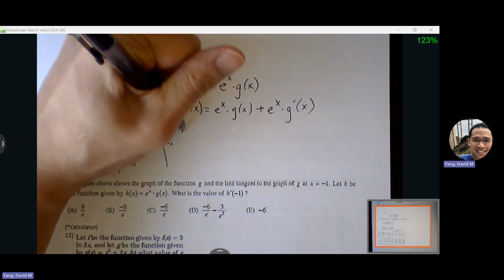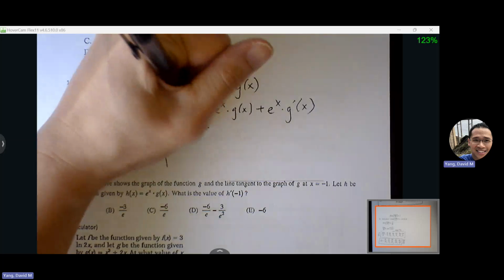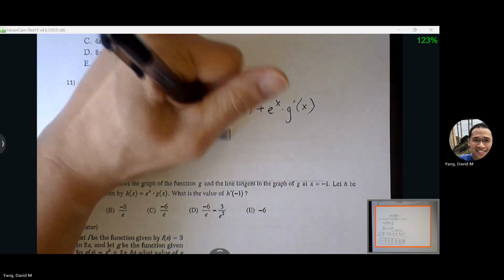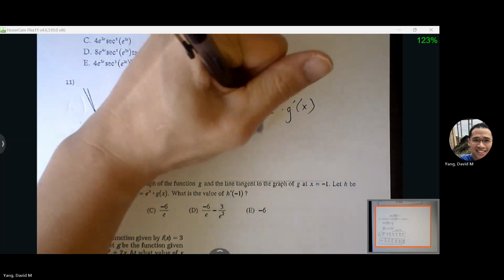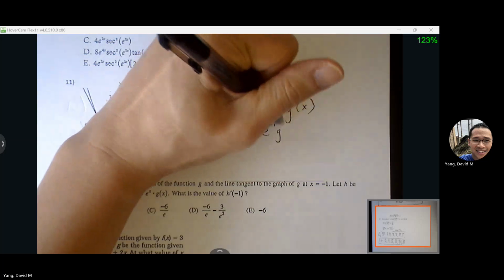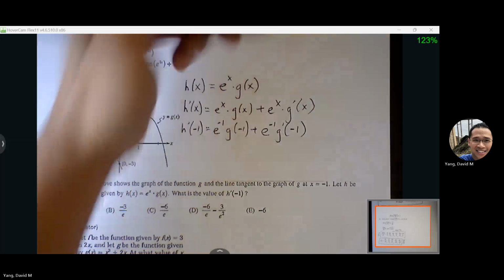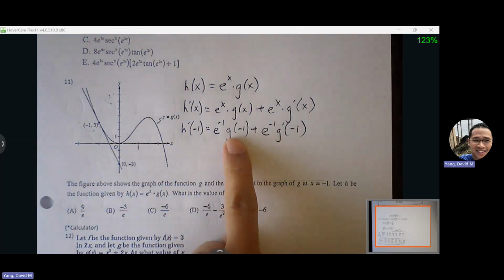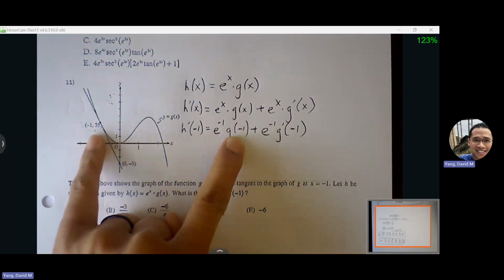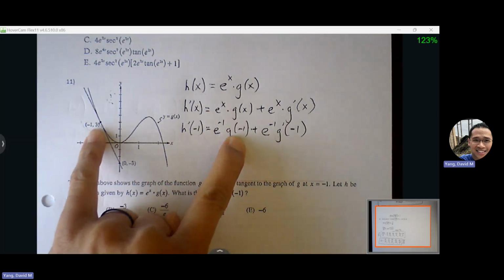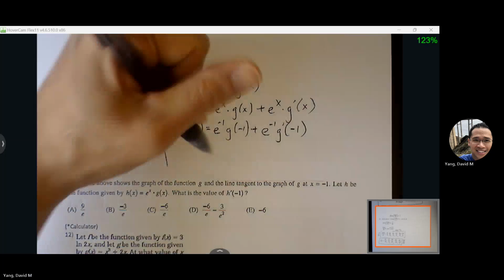Replace every x with -1. Now, g of -1, that's easy. That's just the y value, 3.